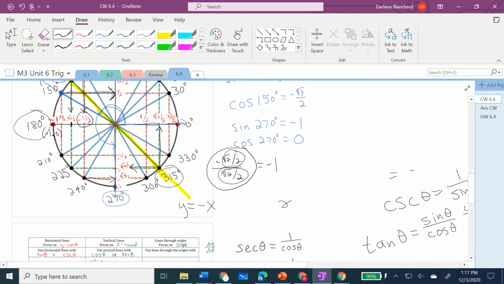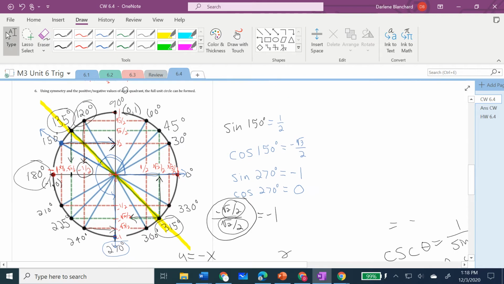What is the slope of the line y equals -x? Yes, good. -1. It's the number that x multiplies by. The tangent of 315 is -1.